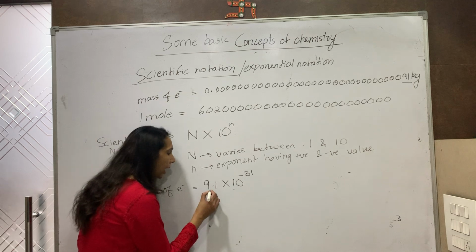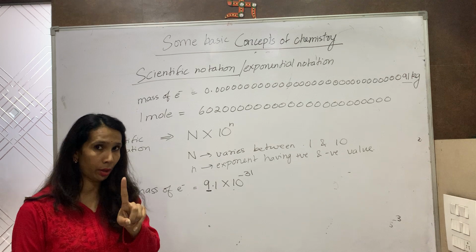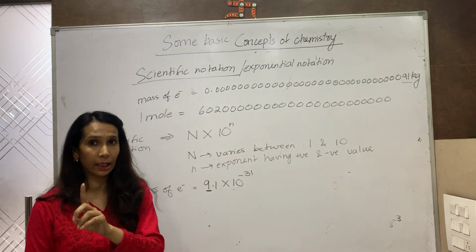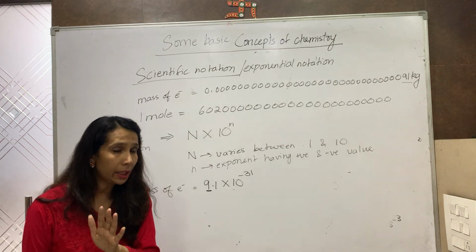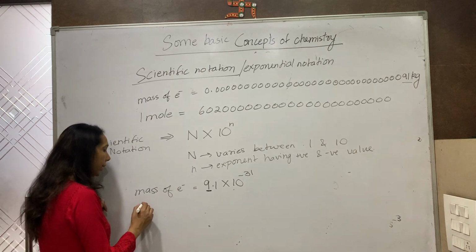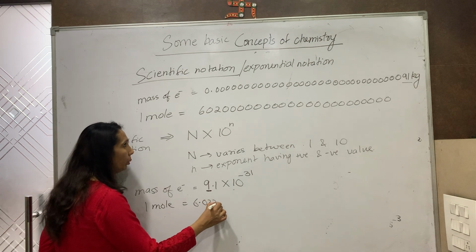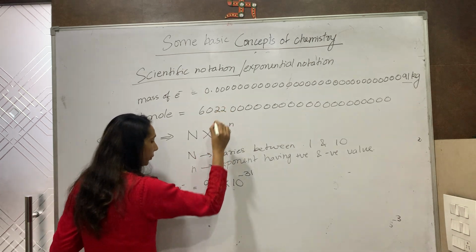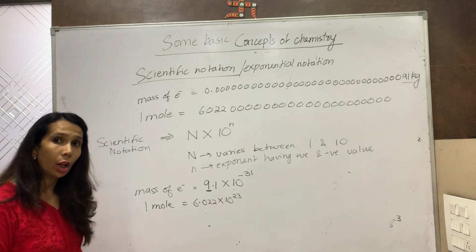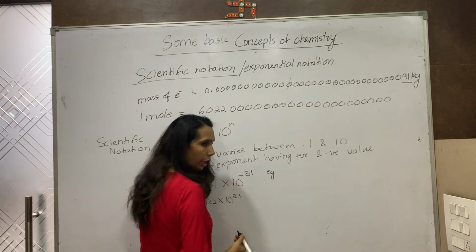You have to remember that before decimal, there has to be only one non-zero digit, because capital N has to vary between 1 and 10. It cannot be 10, it cannot be greater than 10. So mass of electron is this, and 1 mole is equal to 6.022 into 10 to the power 23.